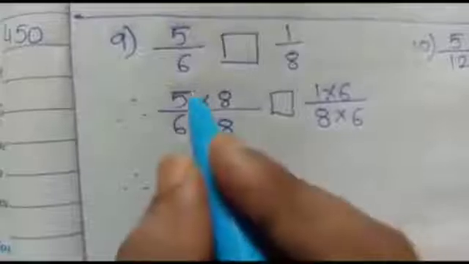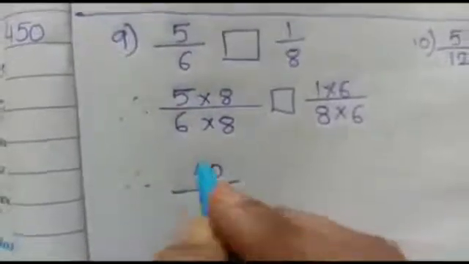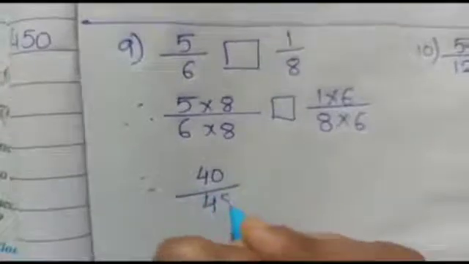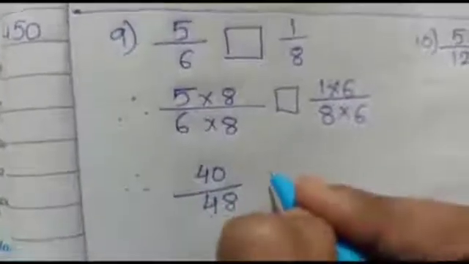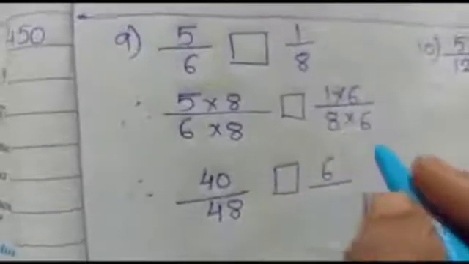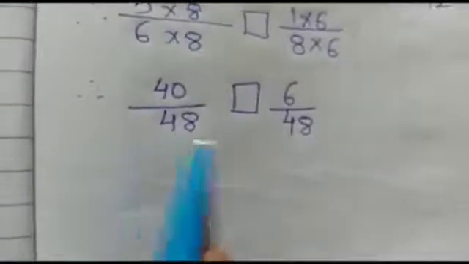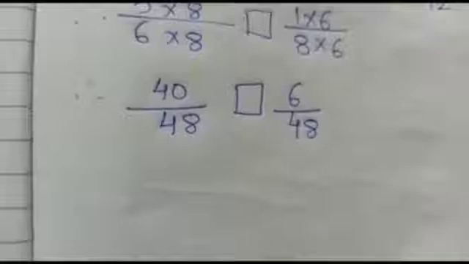So therefore 5 eights are 40, 6 eights are 48. Okay, 1 six is 6, 8 sixes are 48. Now students, you got the denominators equal, so now they are like fractions.